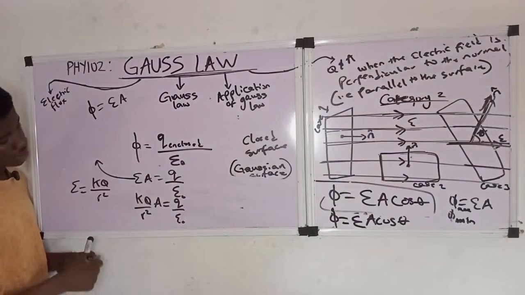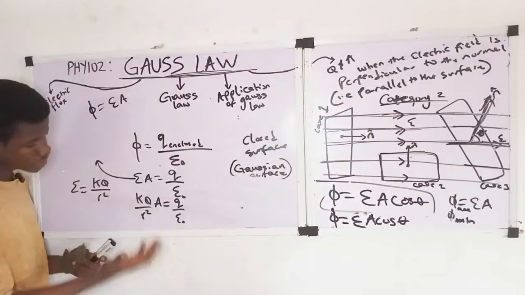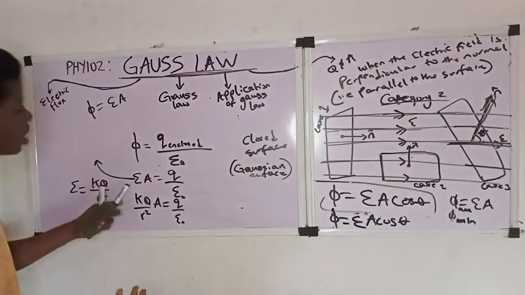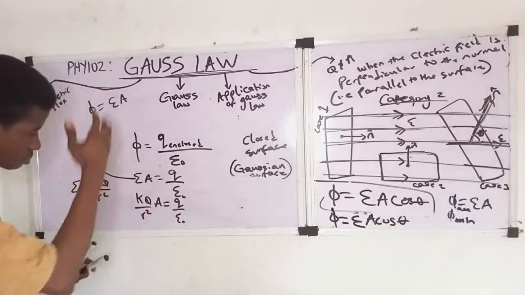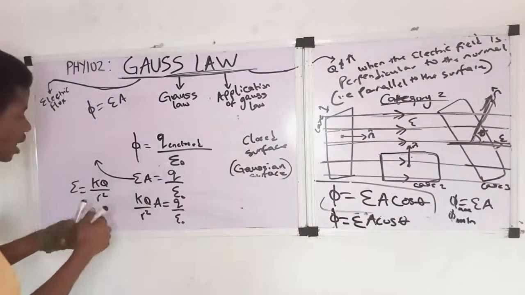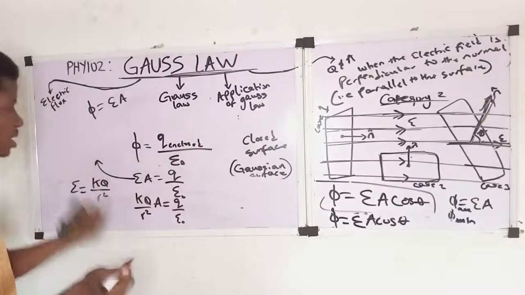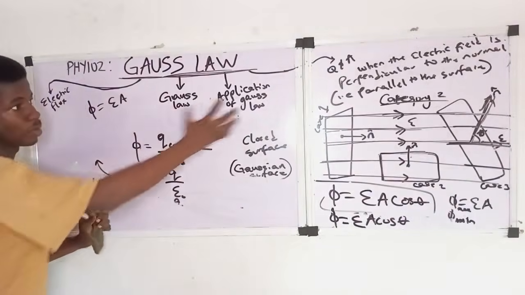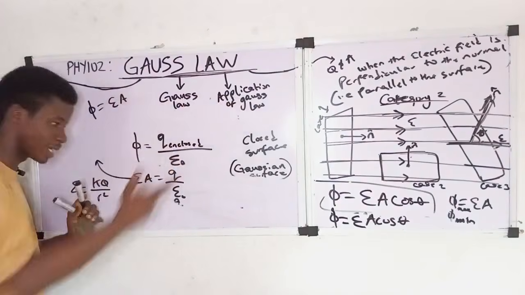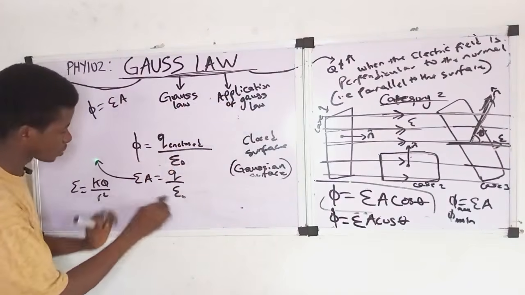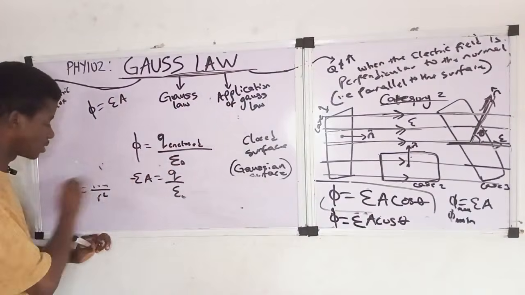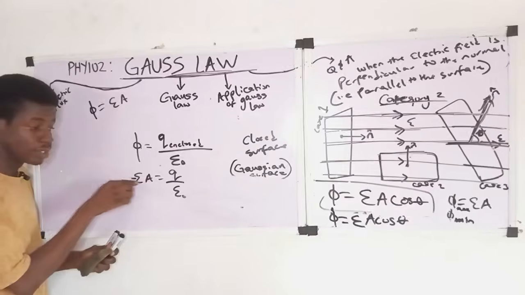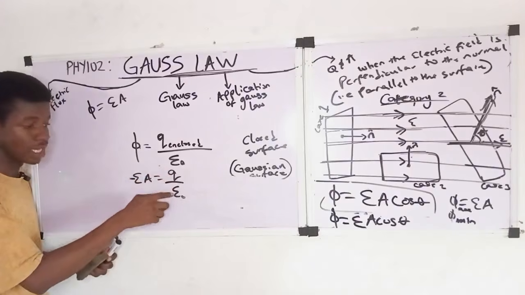We can keep on breaking it down little by little. I think this one will cancel this. But just take note of this, we will expand later when we get to this place. Now electric field times area is equal to charge over epsilon naught.